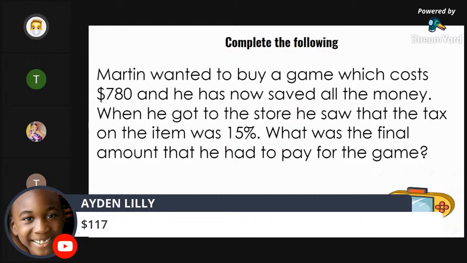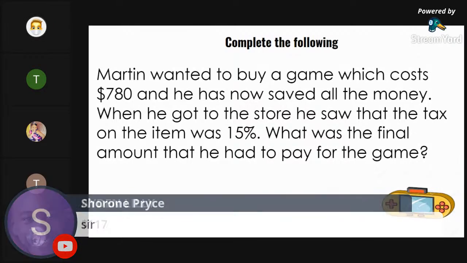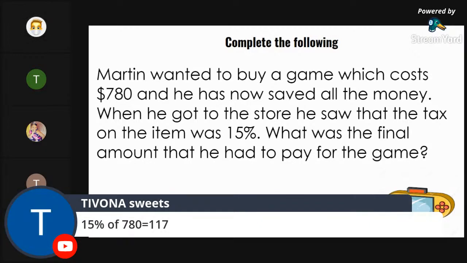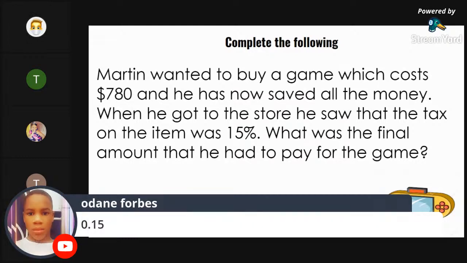All right, and quite a number of people have that as well. Brown has that there. Tivona has that there. Talia had that there as well. Very good. Forbes was converting that percentage from a fraction to a decimal. Very good.